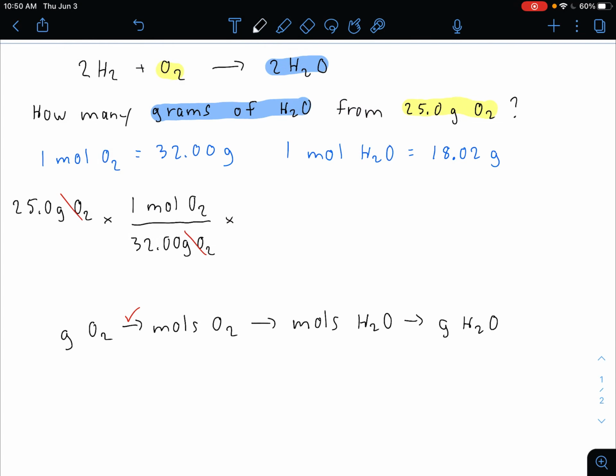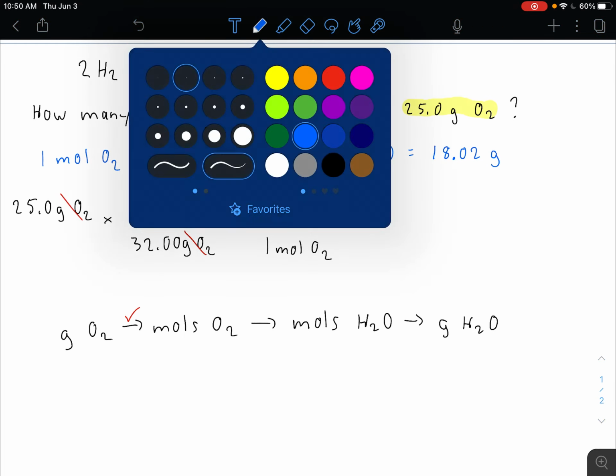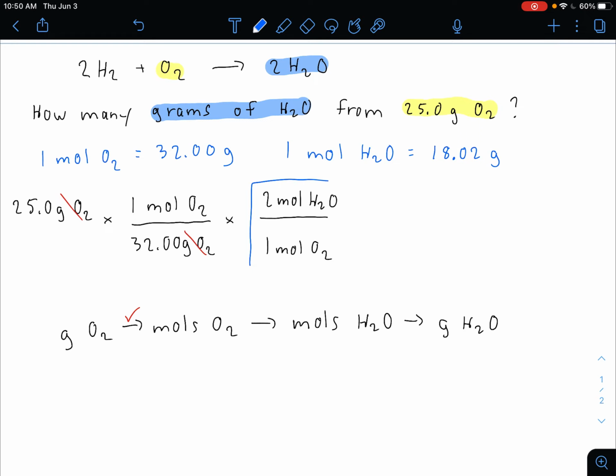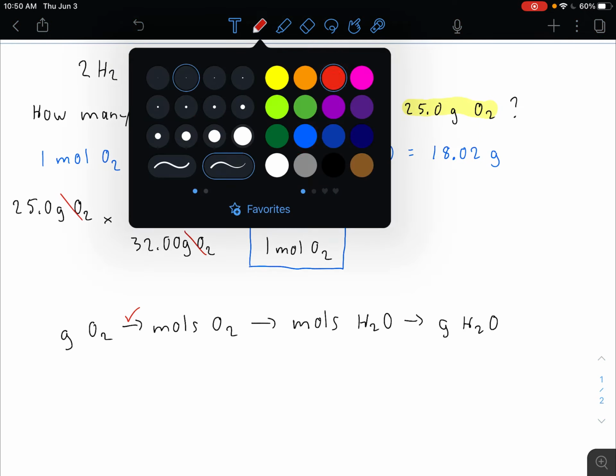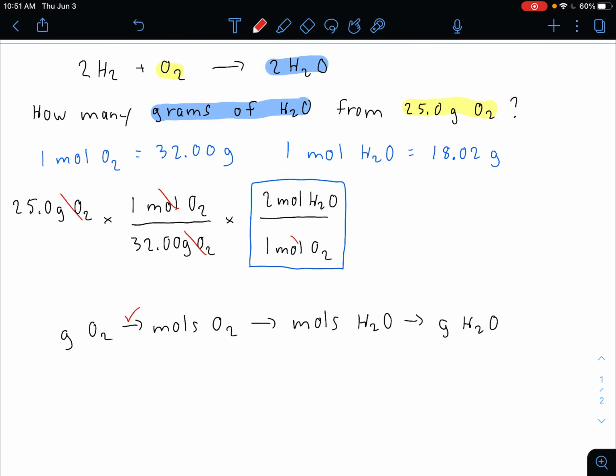Then the balanced equation says for 1 mole of O2 in, I get 2 moles of water out. Again, I'll box this just because this is the only piece of information coming from the balanced equation. Moles of reactant cancel, so that's our second step.